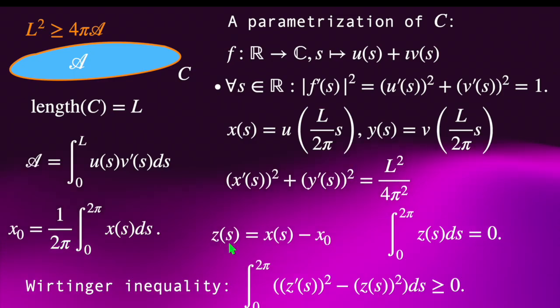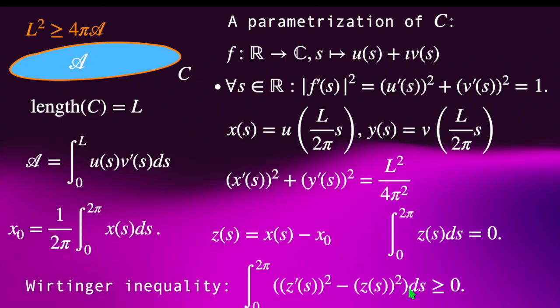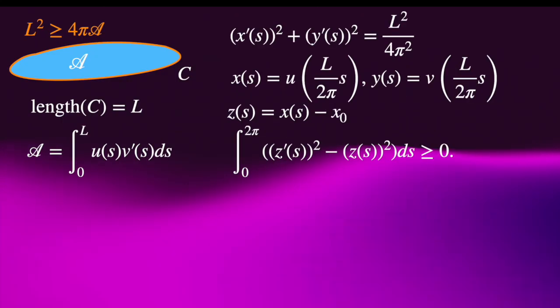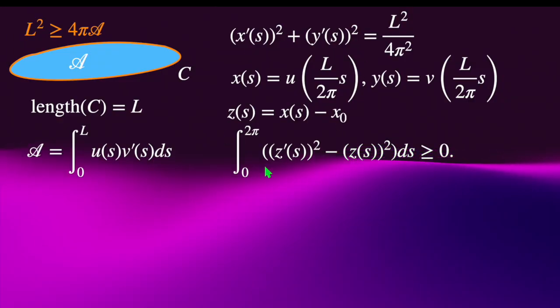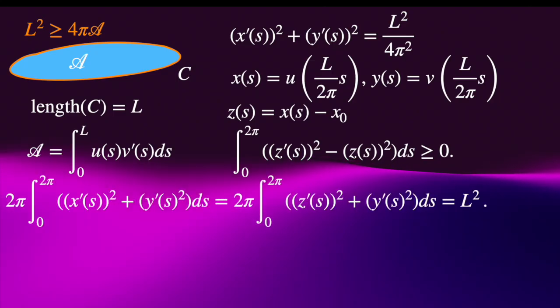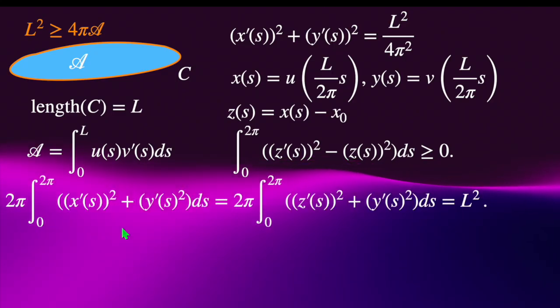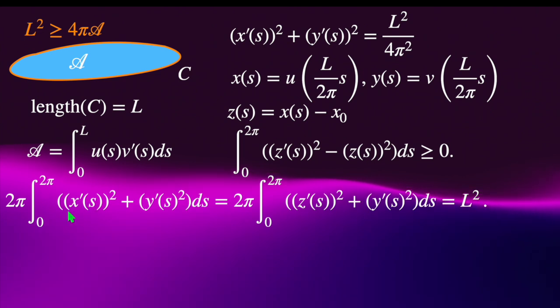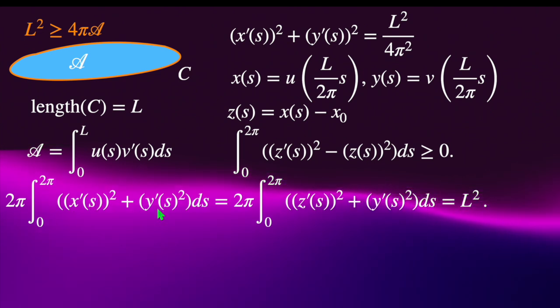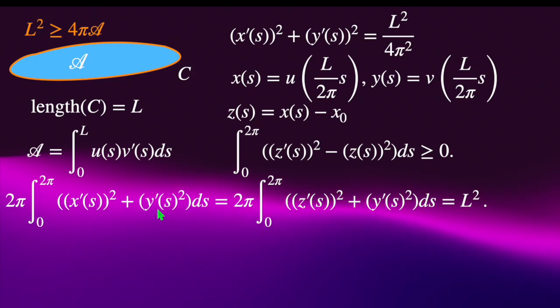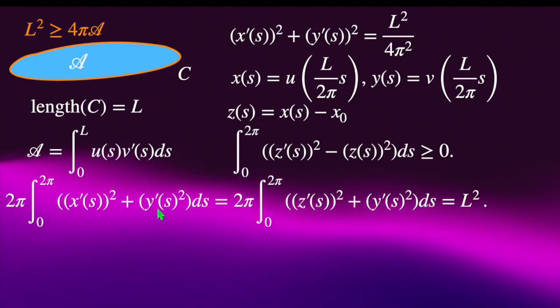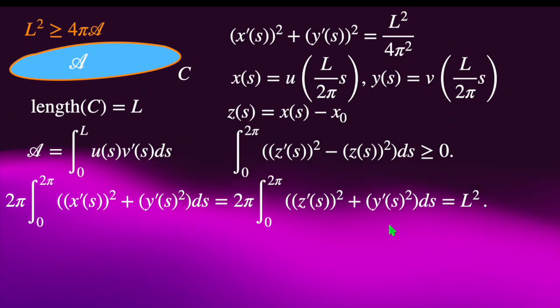Now we recall what we have done, and we also have this relation, because we have seen that this quantity is equal to L square over 4 pi square, and we get this relation. So we have now L square equal to this quantity.